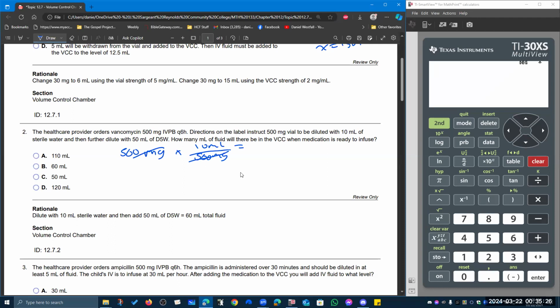So right now we have 10 milliliters of solution in the VCC. Then we're to further dilute that with another 50 milliliters of D5W, that's dextrose, sugar water. And we have a total of 60 milliliters.